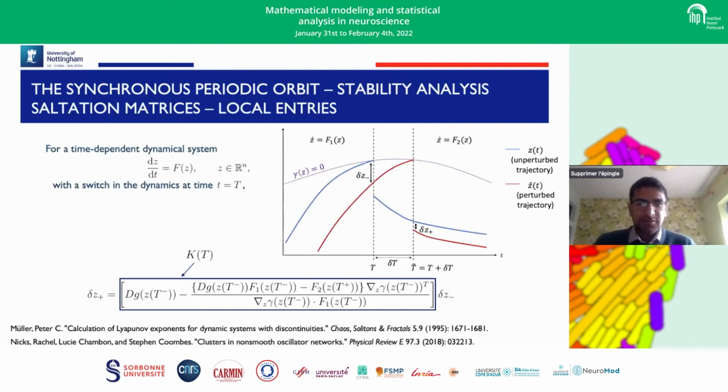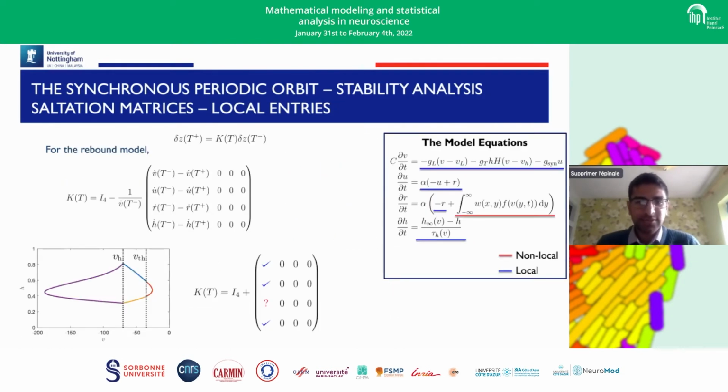For the most part, in our model, we can do this by following an approach by Muller from the mid-90s, which says that for some local dynamical system, if there's a switch in the vector field F, then the perturbations after are related to the perturbations before by this object labeled K, which is called a salutation matrix.